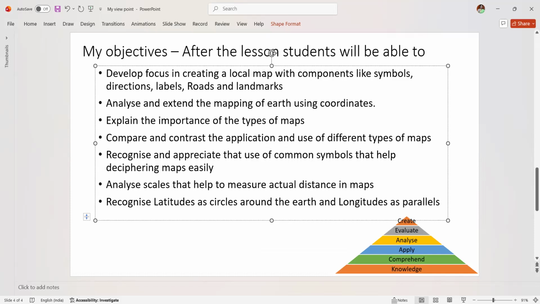So we'll go with this sentence: latitudes are circles and longitudes are parallels.